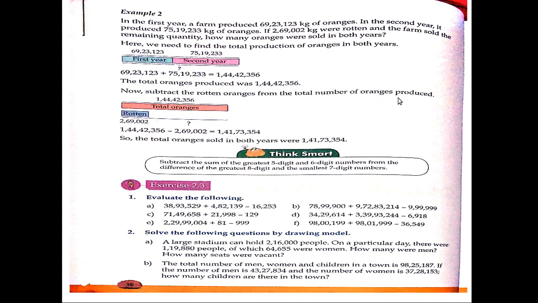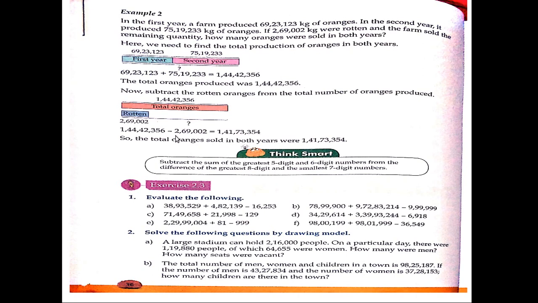That means we find how many oranges were sold. We have got the total oranges, and now we have to find out how many oranges were sold after the rotten ones are subtracted from this. The rotten quantity is 2,69,002 kg.